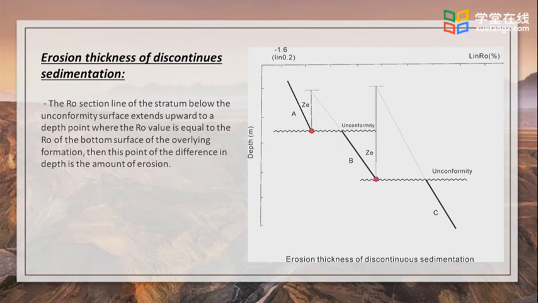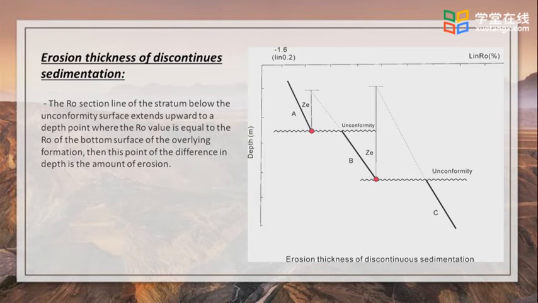So how to get the erosion thickness of discontinuous sedimentation? You see in this chart we have a discontinuous sedimentation with several unconformities, two unconformities here.